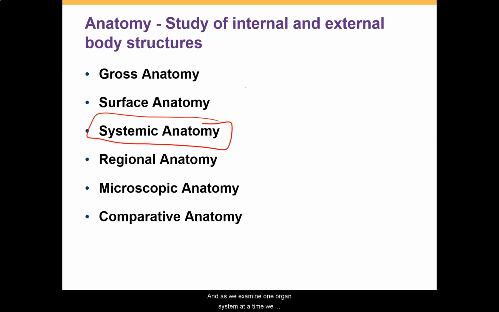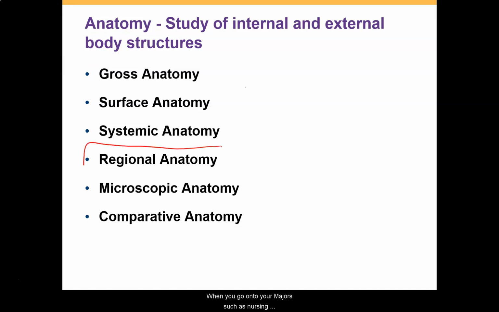And as we examine one organ system at a time, we will talk about the makeup of the organs. We will talk about the tissues found in that organ. We will talk about the cells found within the tissues of that organ. We will explore the various organ systems in the next couple of slides. But our approach this semester as we explore human anatomy is systemic anatomy, one organ system at a time.